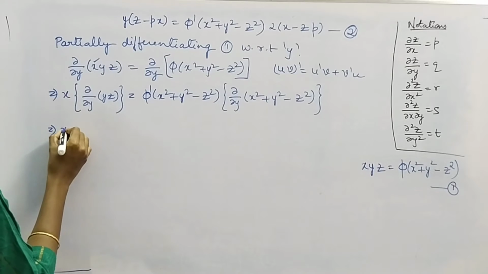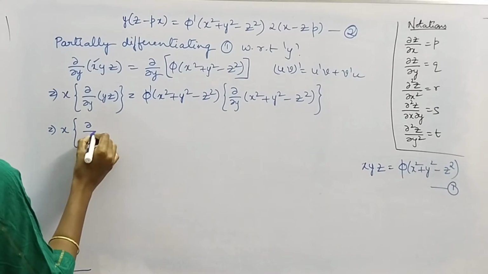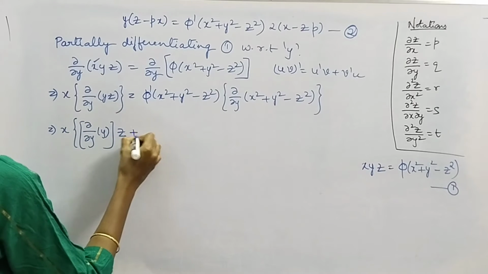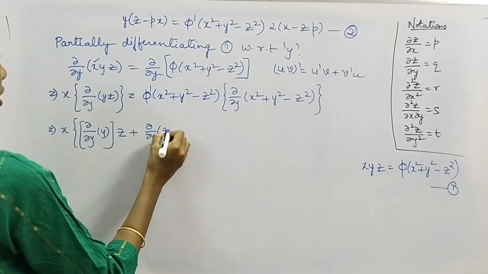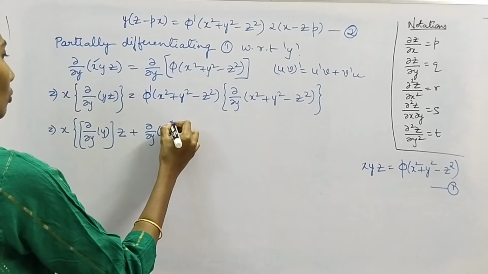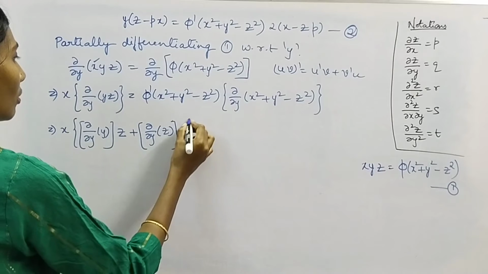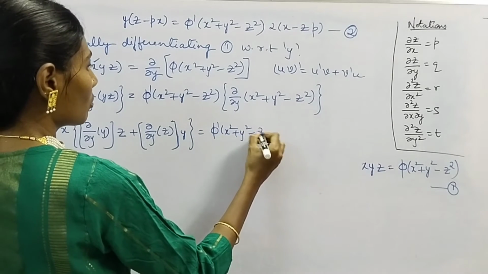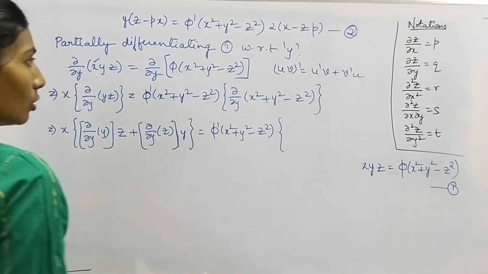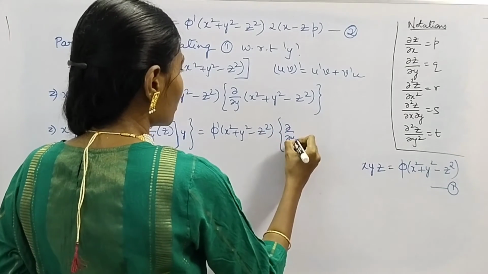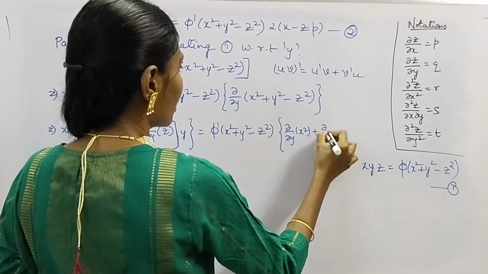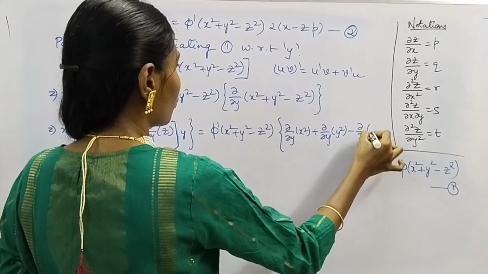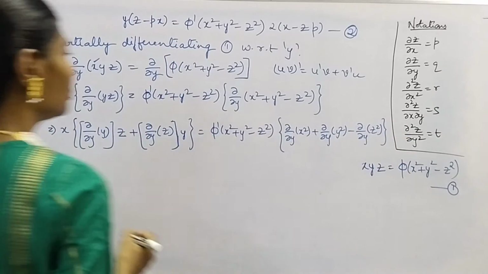This gives us x into the partial derivative of y into z plus the partial derivative of z into y equal to phi dash of x square plus y square minus z square into the partial derivative of the first term plus the partial derivative of the second term minus the partial derivative of the third term.